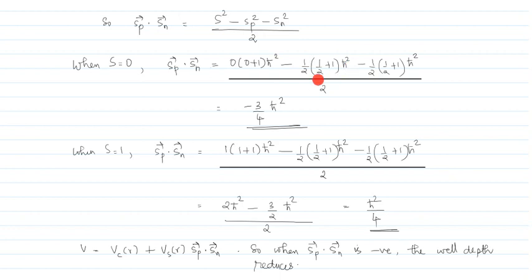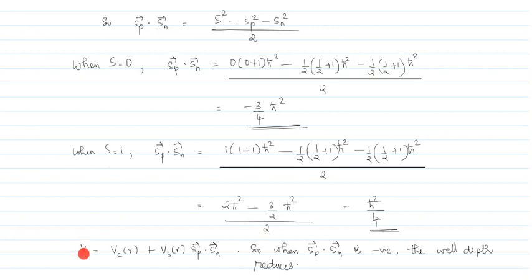Then the magnitude of angular momenta would be like this, and we get Sp dot Sn as minus 3 by 4 h cross squared. Similarly, when S equal to 1, you just plug in 1 instead of 0 here, it will be 1 into 1 plus 1, h cross squared. Then minus, these terms are the same. But when you evaluate Sp dot Sn, you see that it is plus h cross squared by 4.